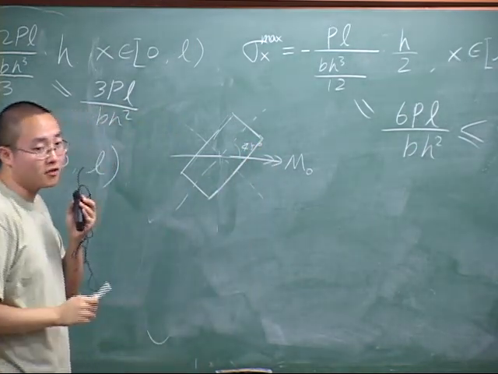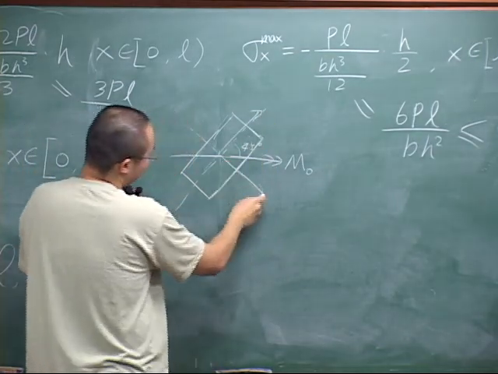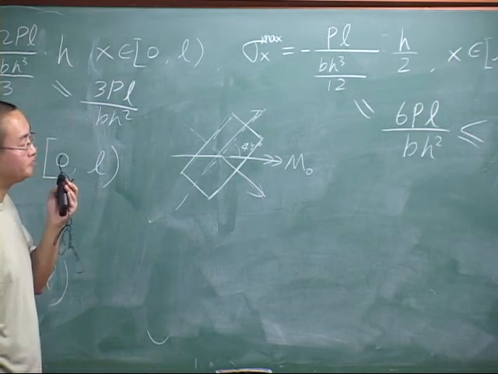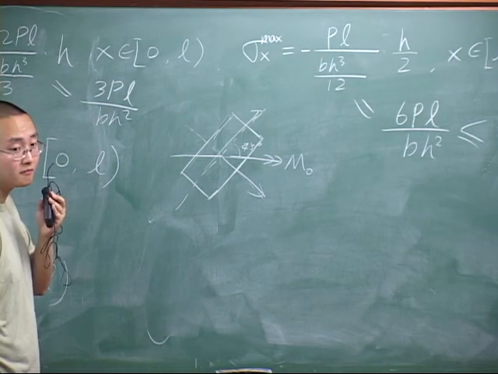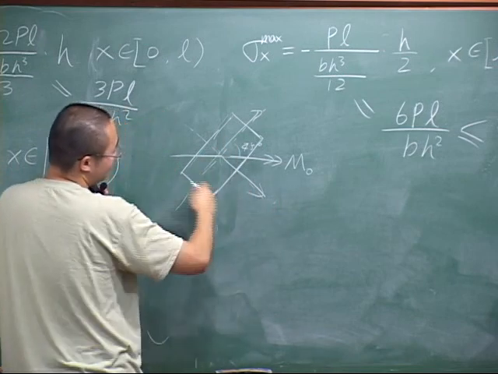Moment is also a vector, so you can decompose it along two principal axes. Well, usually, see, this is a cross section, right?